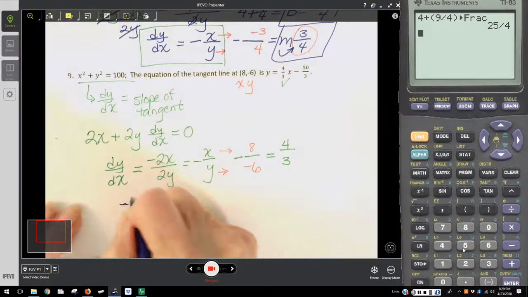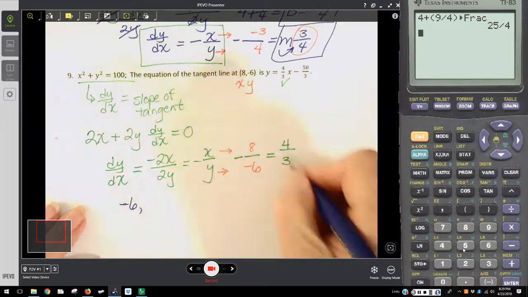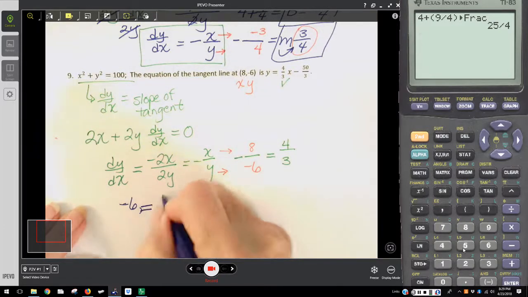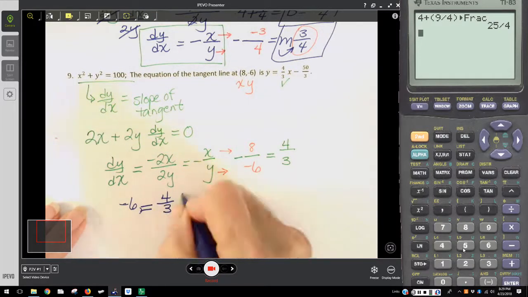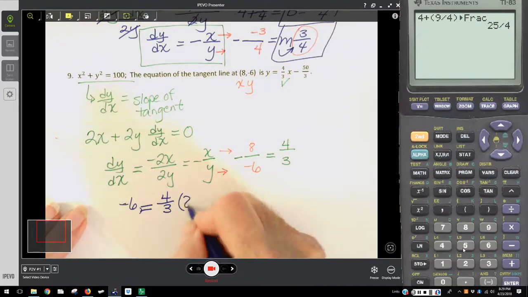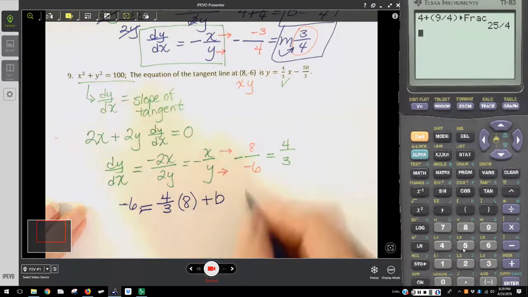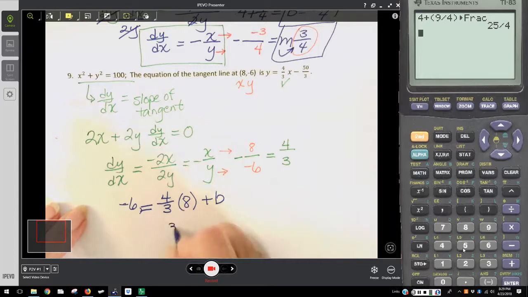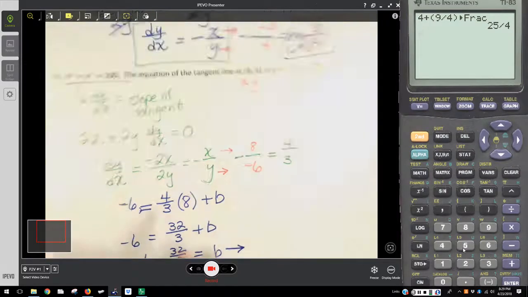Y is negative 6 equals 4 over 3 times x, which is 8, plus b. 4 times 8 is 32 over 3. So negative 6 minus 32 over 3 is going to be equal to b, and the arithmetic can be done on our calculator.